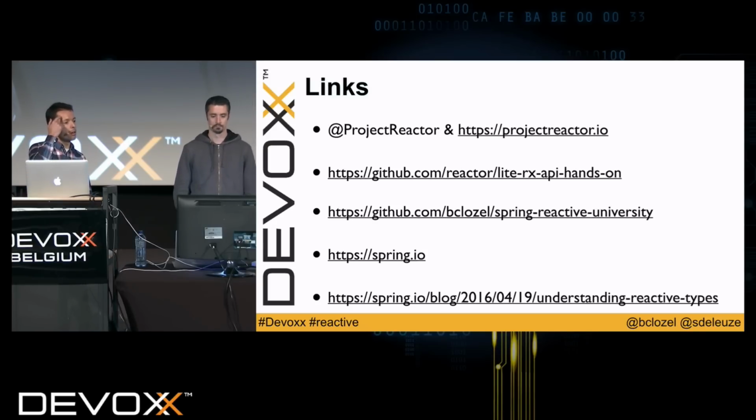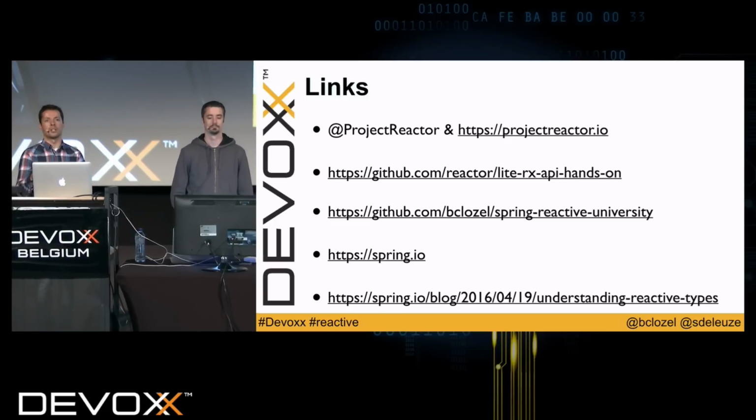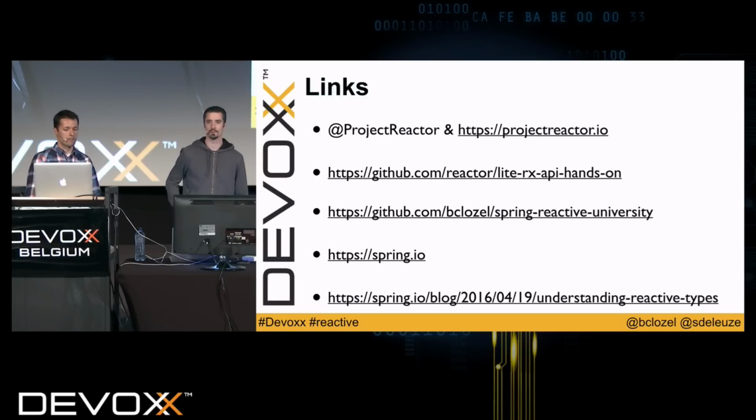So here are the links of everything. If you want to know more about Project Reactor, it's at Project Reactor on Twitter and projectreactor.io. The two repositories we used for this: the hands-on, the first part, is located within the Reactor organization. You can redo it and use that as a regular hands-on to really get a feel of the Reactor API. You have two branches: the master branch that I used at the beginning, and the complete branch with all the answers.